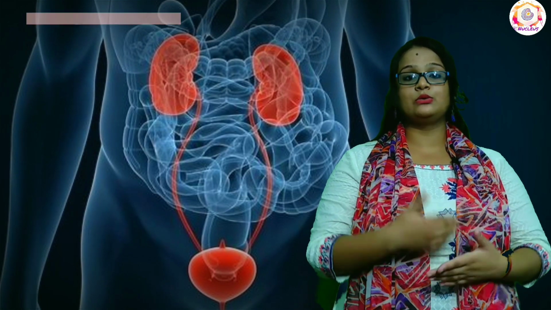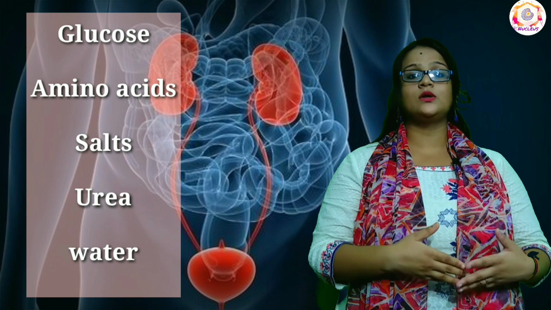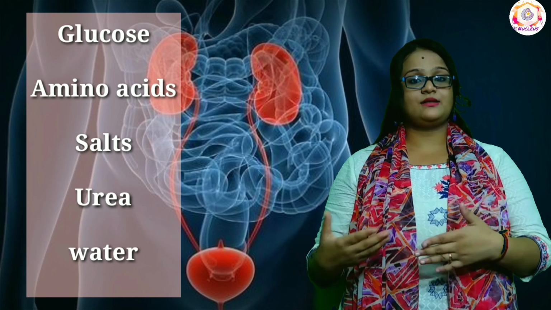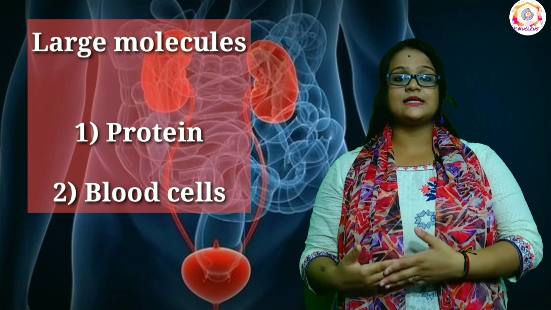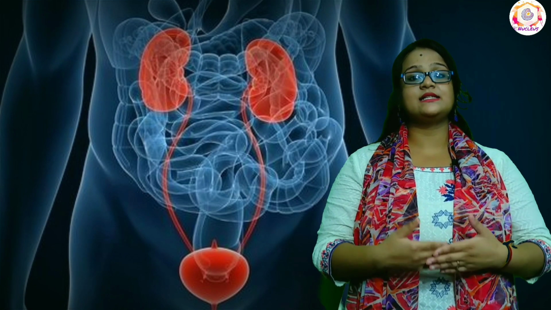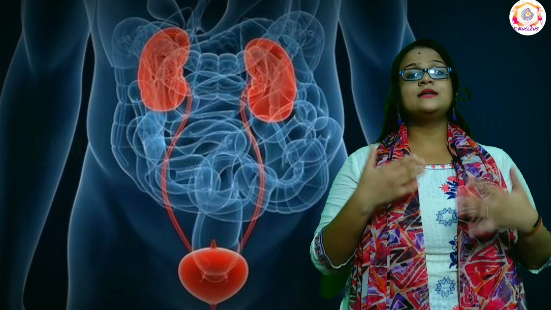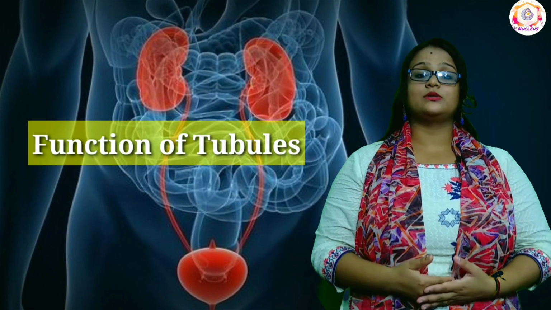Glomerulus filters only the smaller molecules like glucose, amino acids, salts, urea, water, etc. These later get collected into the Bowman's capsule. The large molecules like proteins and blood cells cannot pass through the glomerulus and hence they stay in the blood. Now, what is the function of the tubules?